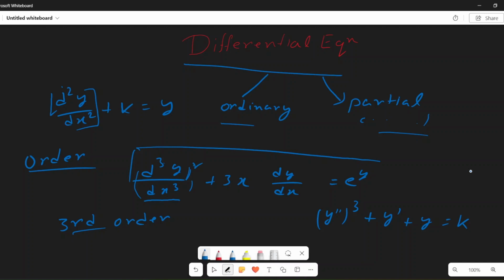What is the order of that differential equation? That is a double derivative, so it is second order, and the power of the highest coefficient is 3, so the degree is 3. So this is the order and this is the degree of the differential equation.